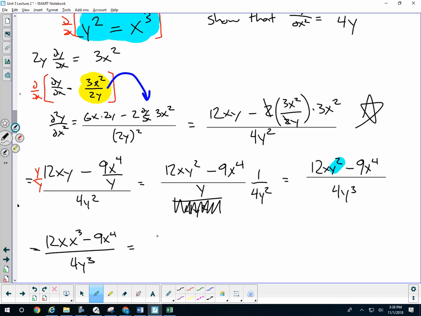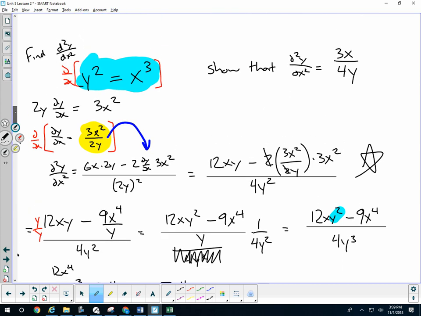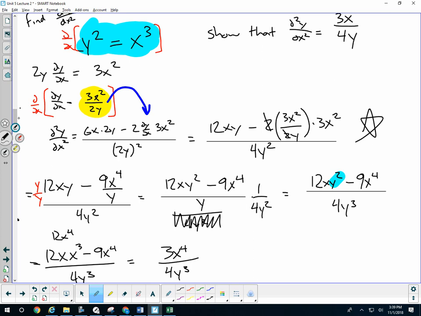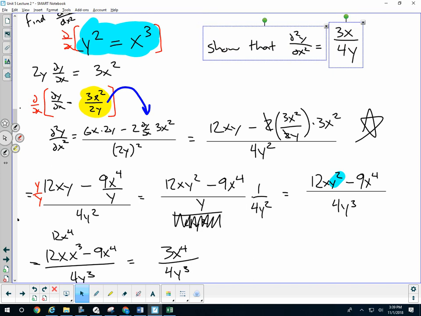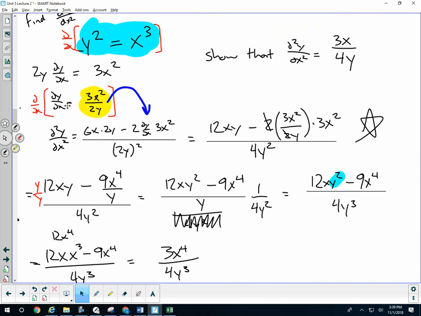And now I get 12x to the 4th minus 9x to the 4th, which is 3x to the 4th, over 4y cubed. Man, I feel like I'm really there, but I'm not. I want you guys to show me that it's 3x over 4y.